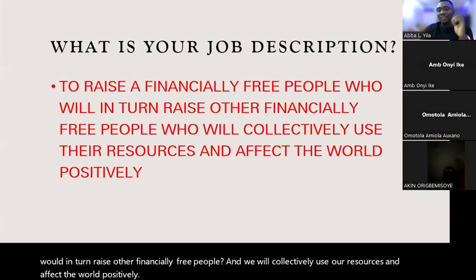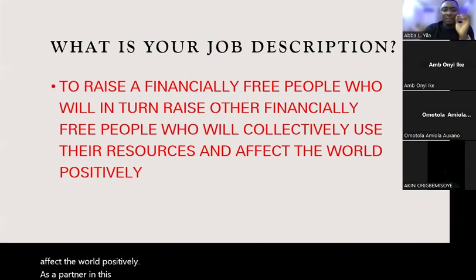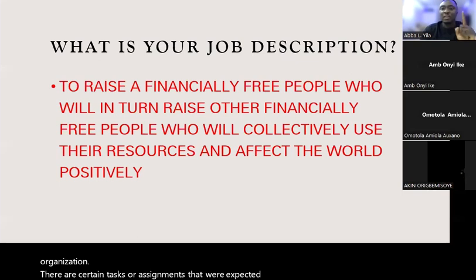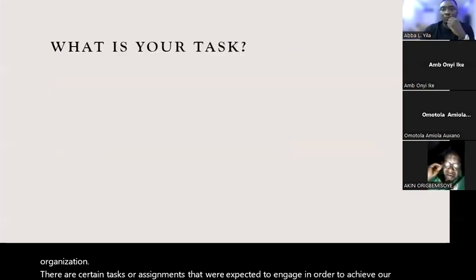As a partner, a laborer, a worker, a warrior leader in this organization, there are certain tasks or assignments that we're expected to engage in to achieve our goal or our job.